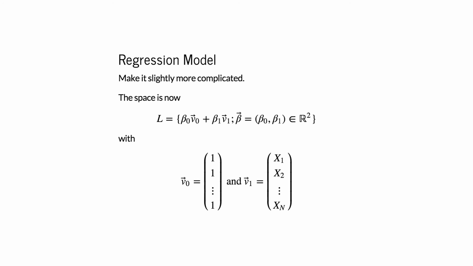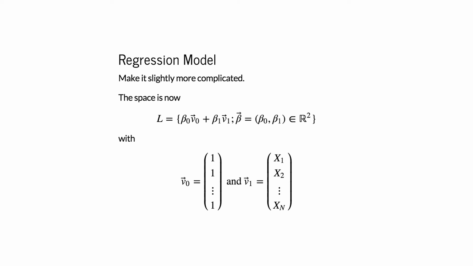If we are going to find the regression line that best fits the data, that could also be explained with projections. Here the subspace that we're projecting to is the space of all lines. So we have a point in n dimensions, that's our data, and we want to find the line that best fits that data.